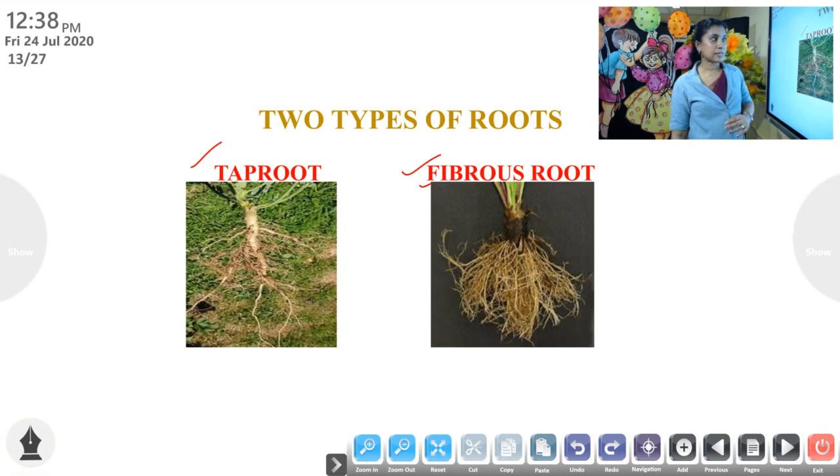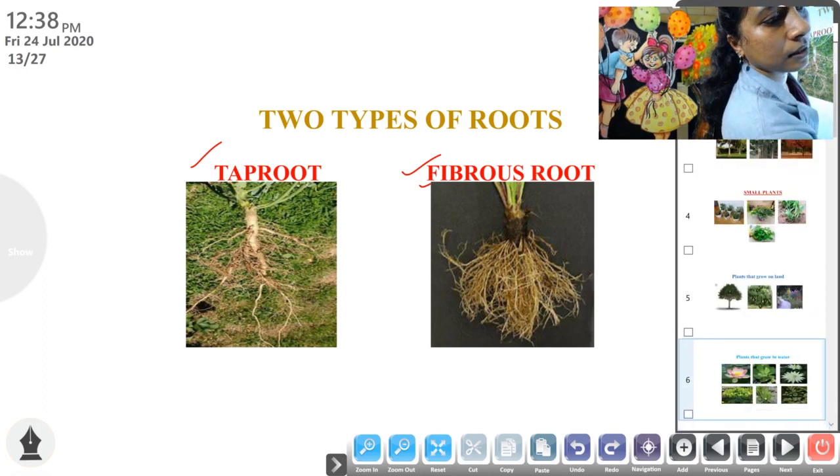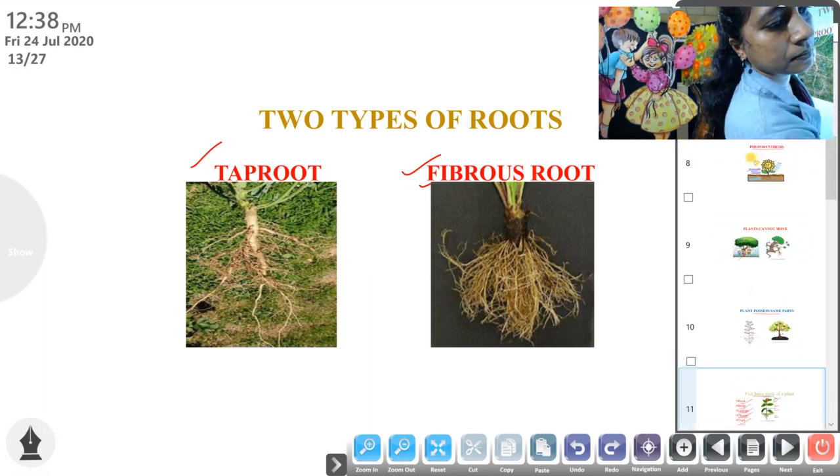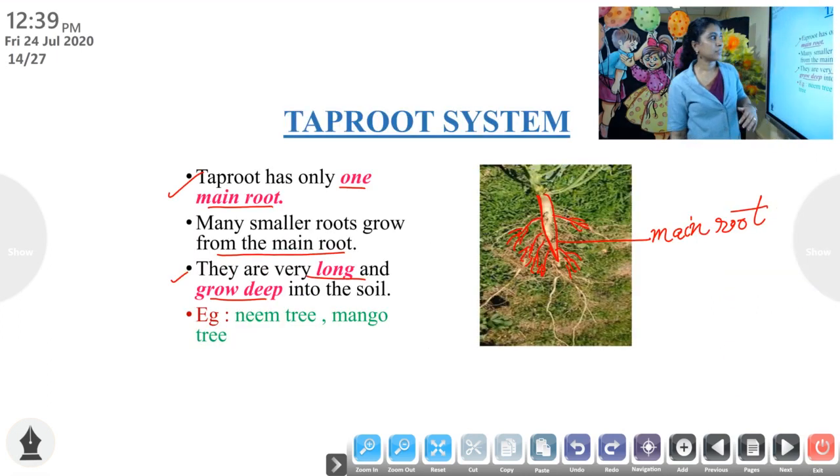Which are the two types of root system? Taproot system and fibrous root system. And you know the differences also, right?